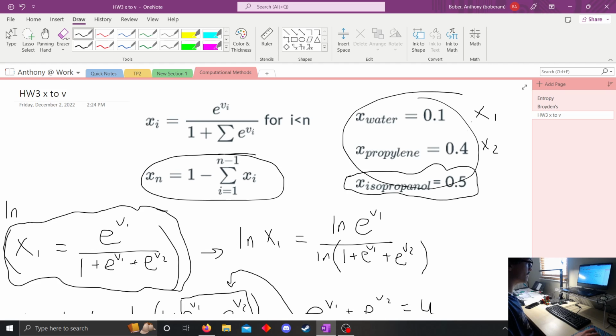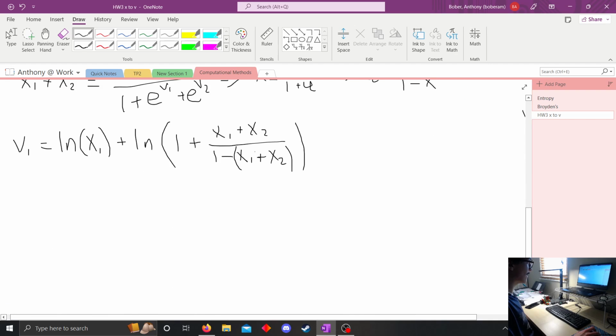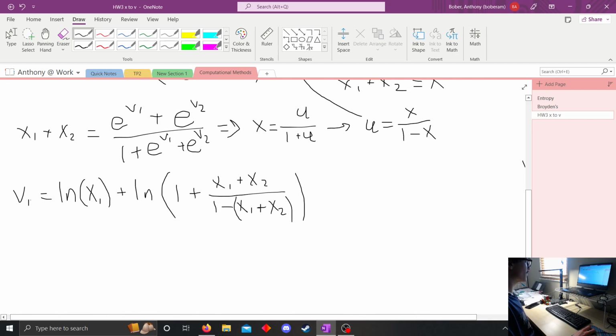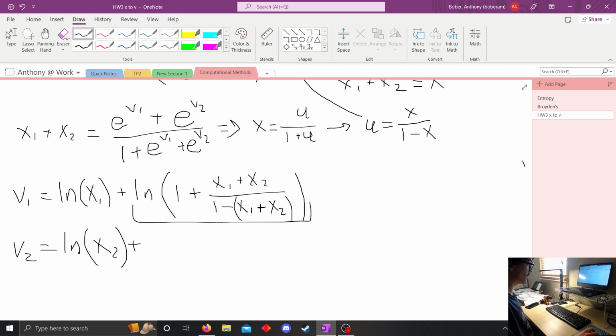It's just 1 minus the summation of these other x's. So this would give us v1, and then v2 would just be the natural log of x2 plus this entire thing. We just bring this down. And that would give us our v1 and v2. So knowing our x's, we can get our v's.